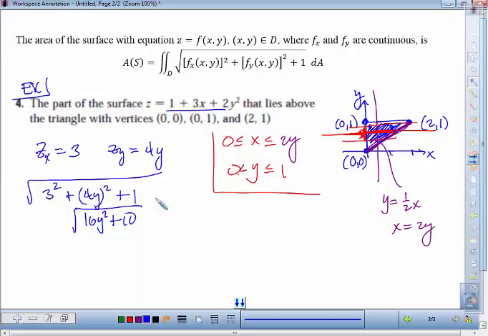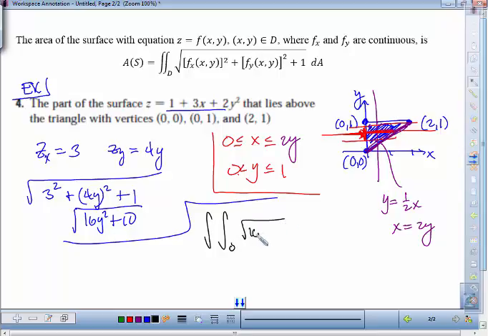Yeah? Oh, yeah, good idea. If we integrate with respect to x first, which is what we have in line, that's going to give us a nicer integral to deal with. All right, so let's finish this off. We set up our integral. The inside integral, well, let's put the integrand in first: the square root of 16y squared plus 10.